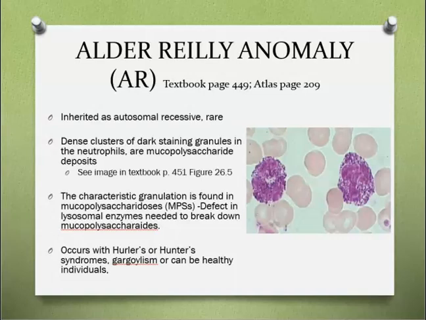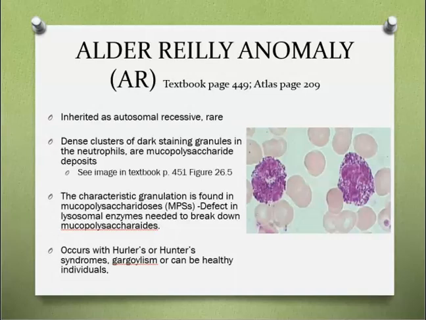So what's a mucopolysaccharide? It's usually long chains of sugars, and a lot of times we find them in things like mucus or joint fluids. A lot of times these patients are deficient in their lysosomal enzymes needed to break down those mucopolysaccharides.